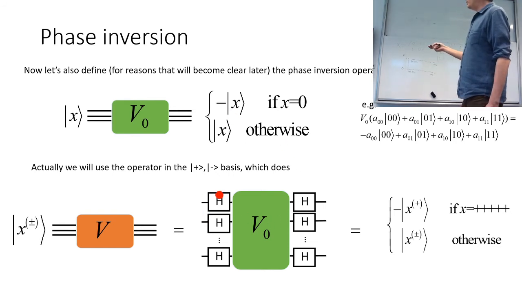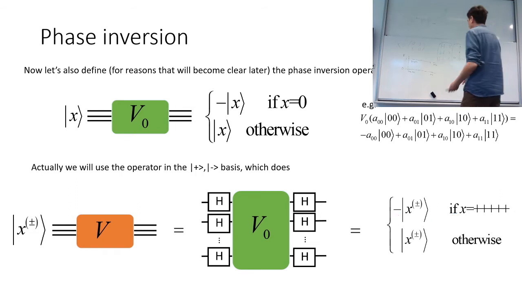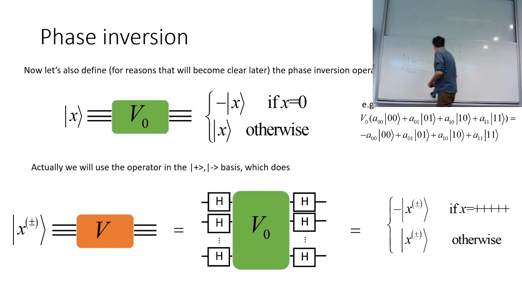So if we put Hadamards before and after this operator, what that does is change the basis, so that it's no longer the computational basis of 0, 0, 0 that we're dealing with; we rotate the whole thing to this plus-minus basis.